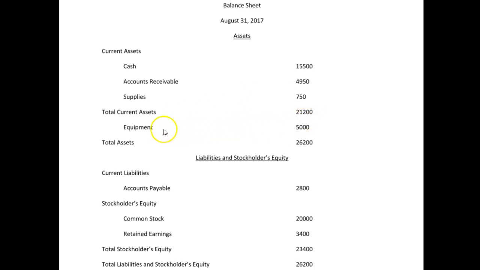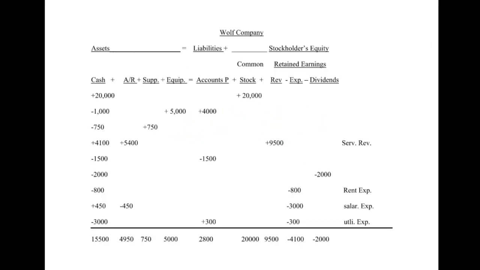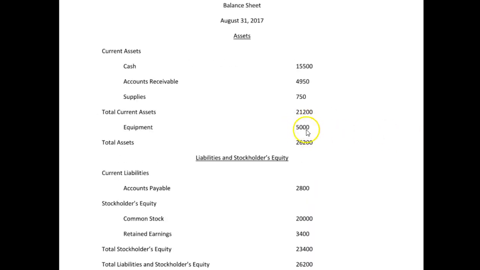And then after that, we would list equipment, which is not a current asset, but it is an asset. If you go back to the very first page, the equipment would be $5,000. So we plug in the $5,000 there. For total assets, we get $26,200. Then we go down to the next portion of the balance sheet, which covers liabilities and stockholders' equity.